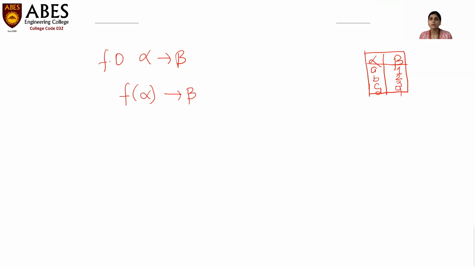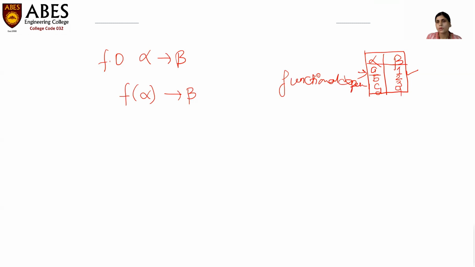If I tell you that the value of alpha is A, can you tell me the value of beta? Yes, clearly from this table, we can see the value of beta. So this is basically the functional dependency.